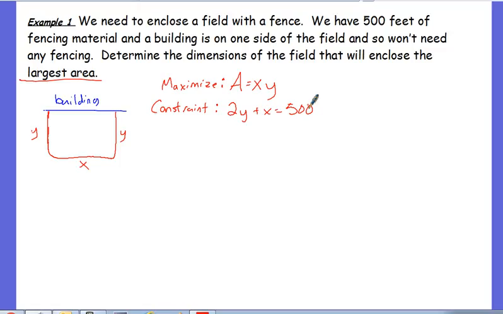Okay? So now, here's what we got to do. I want to derive, but I don't want to derive. Notice that each one of them has 2 variables, right?